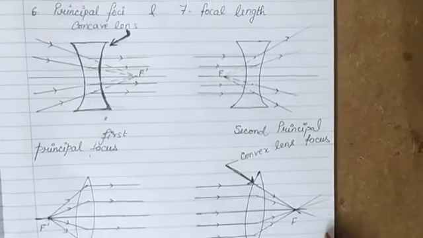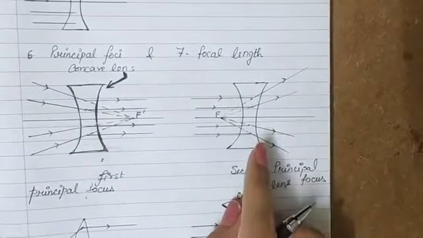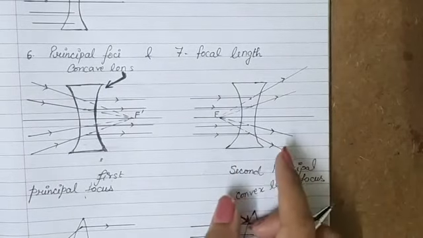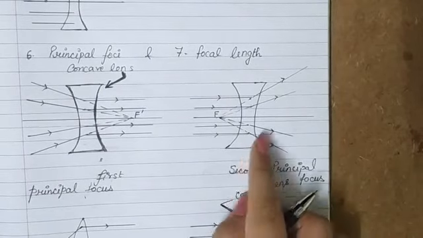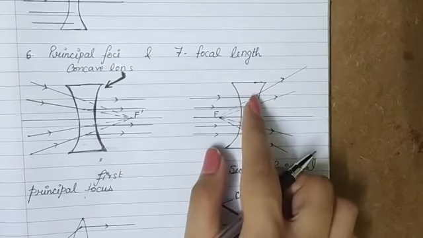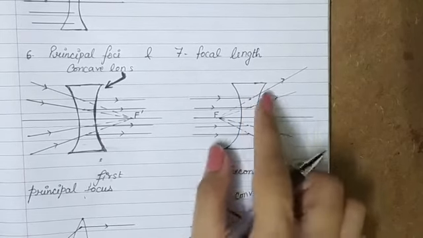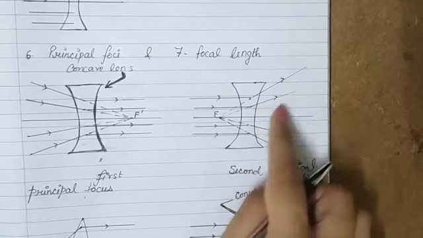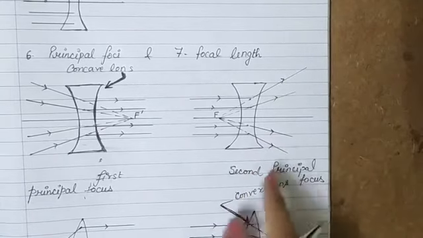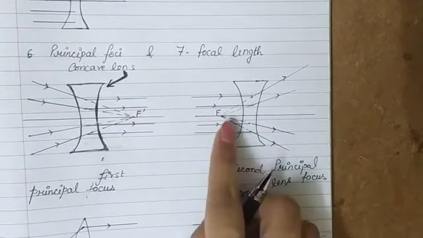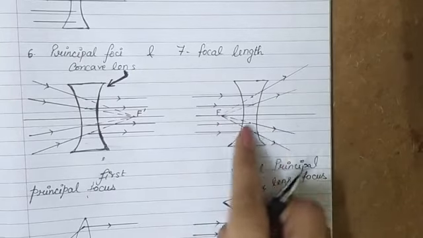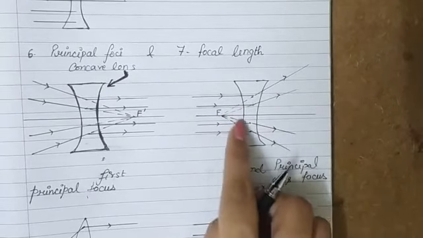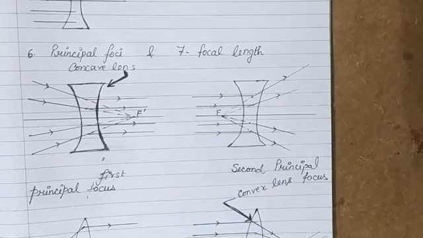But in case of concave lens, this lens is diverging, so it is not possible for this lens to converge these light rays at a certain point. They will diverge after refraction, so they are not actually meeting, they appear to come from this point, right? This is again an appearance of this situation.